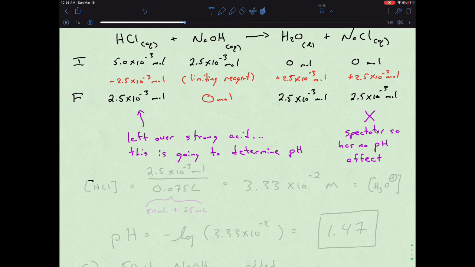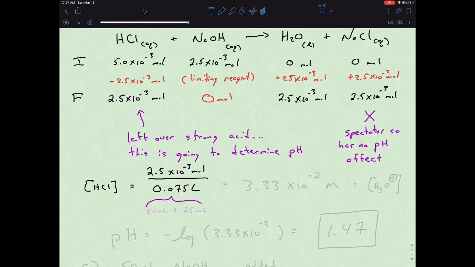So we have to now get back into terms of that concentration of the HCl. We have 2.5 times 10 to the negative third moles of the HCl, and that is in a volume now of 0.075 liters.